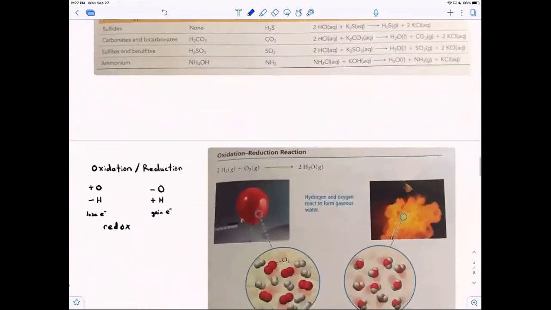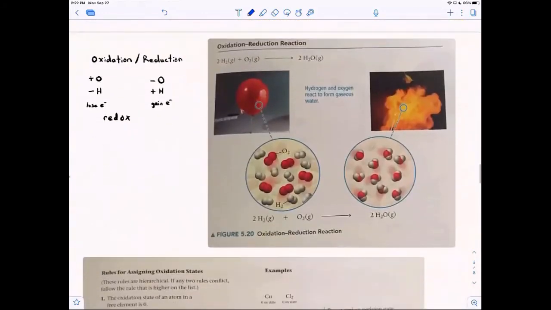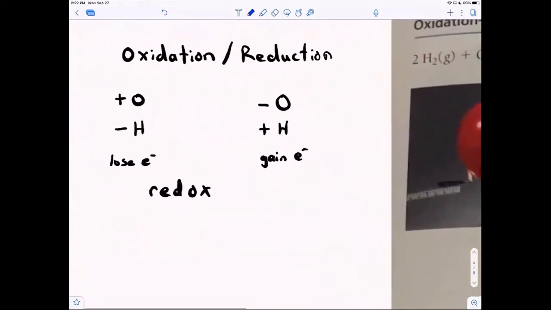So let me move on to the more difficult topic, oxidation reduction. Again, like I said, we changed topics yet again. So the definition of oxidation is to add oxygen, that's one definition. Another one is to lose hydrogen.